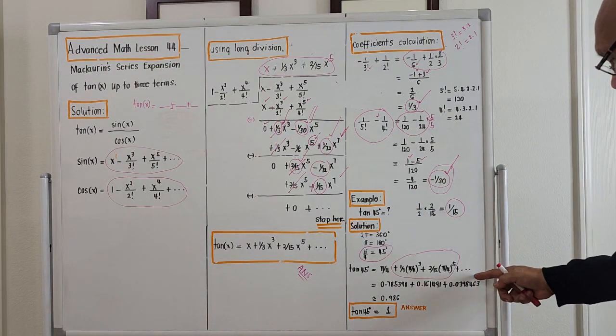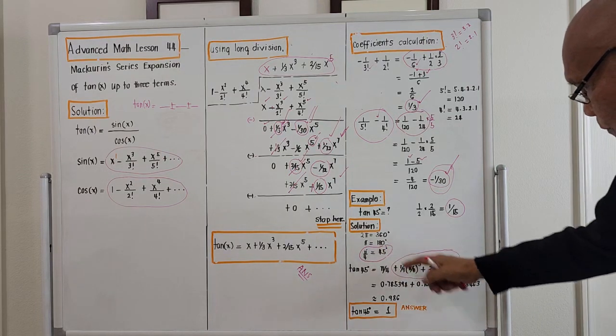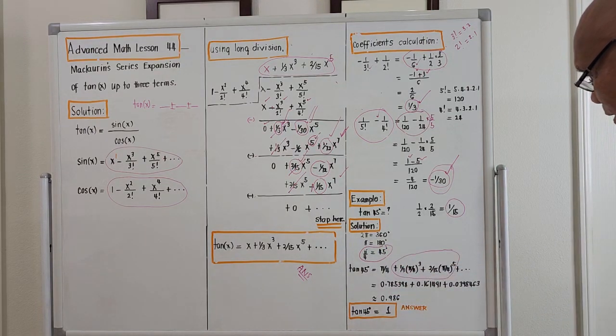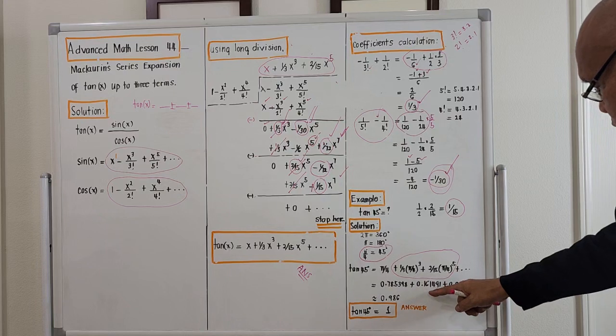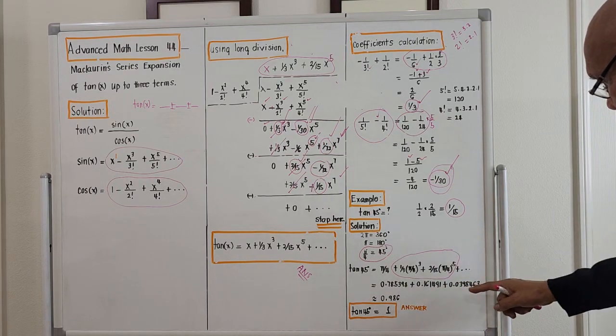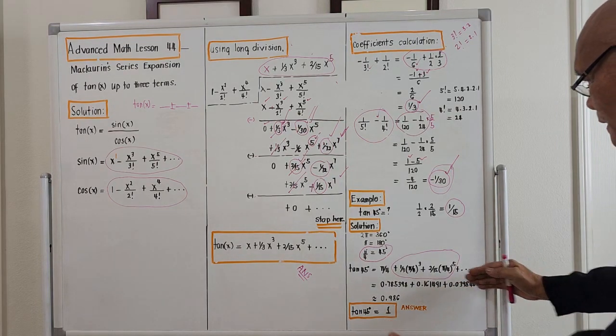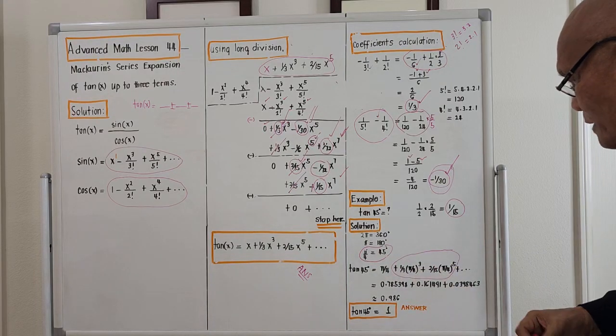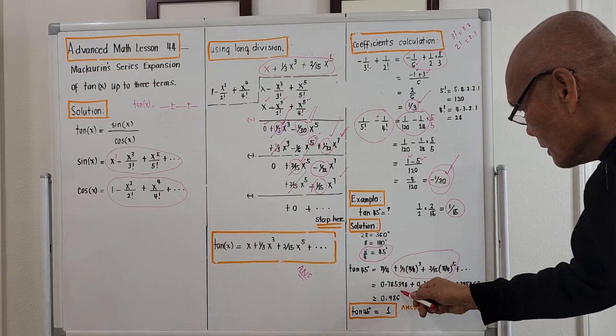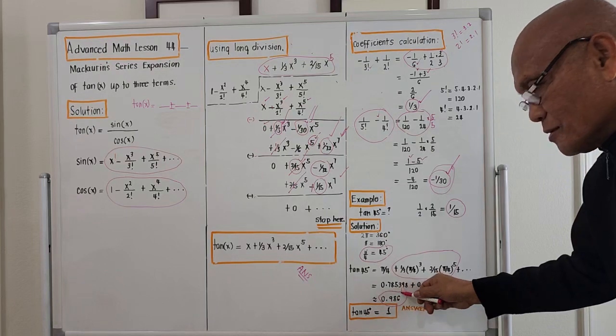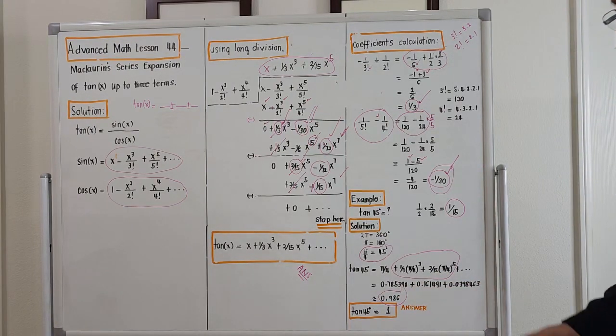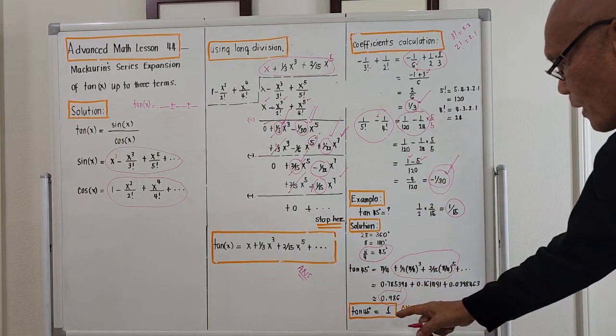And if we now try to calculate this one, pi over 4 will be 0.785 plus this 0.161. The third one will be 0.0398. And if we try to take the summation of this, what will come out will be almost 0.986. 0.986, that's almost equivalent to 1.